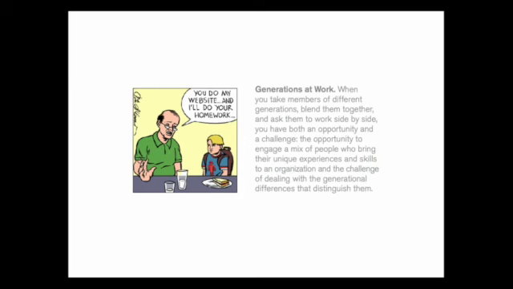There is a person called Jean Meister who is co-author of a book called The Workplace in the Year 2020. She projects that, especially in emerging markets, we will soon have five generations in the workplace at once.